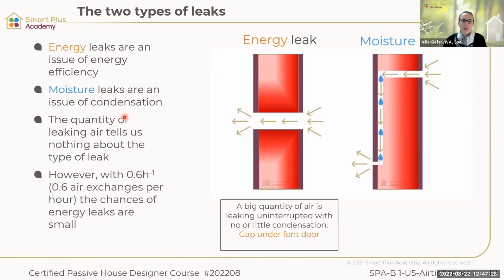Okay. So the quantity of air leaking, if we're doing an airtightness test, doesn't really tell us what type of leak we have. So if we have an airtightness test and it tells us 5 air exchanges per hour, it could be because we had a window open, or it could be because we have a lot of little leaks. Okay, so it doesn't tell us that. However, if we have 0.6 air exchanges per hour, the chances of energy leaks are small.